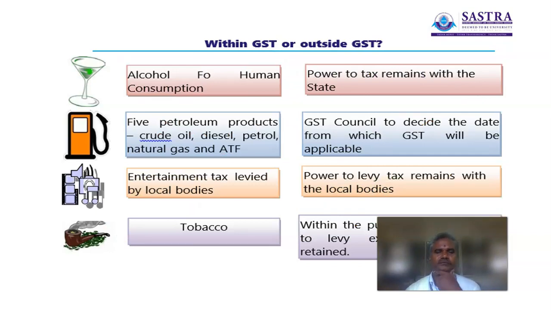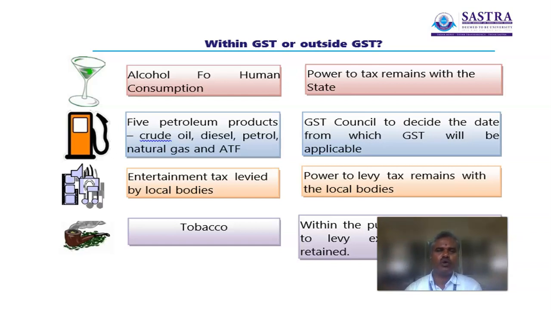Now we have to know which products are within the GST and which are outside this GST. Outside means they are not exempted, but they are not coming under GST purview. That's all. If the government decides, they will charge GST later, not now.